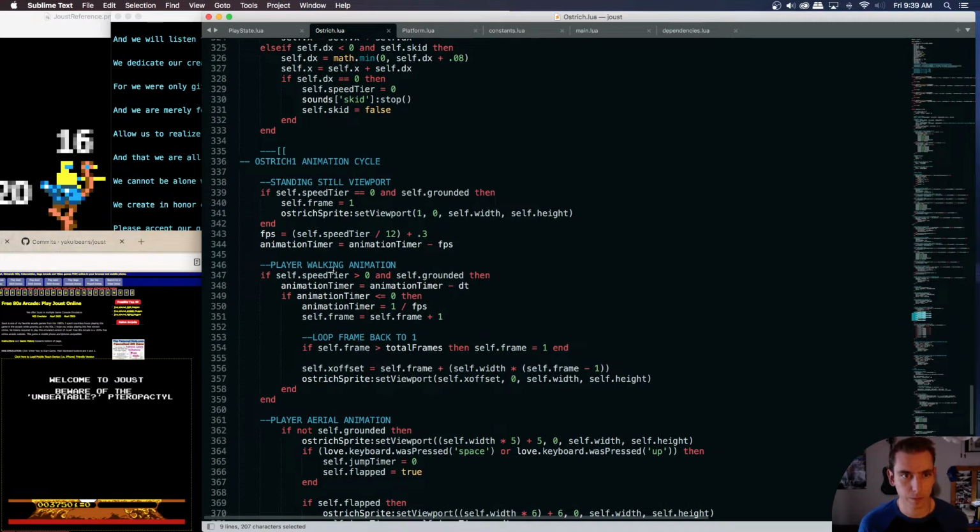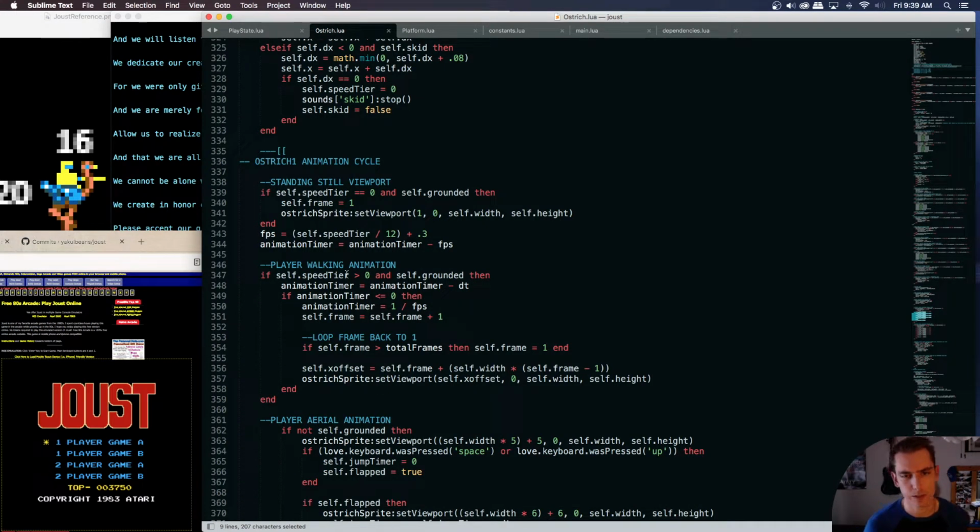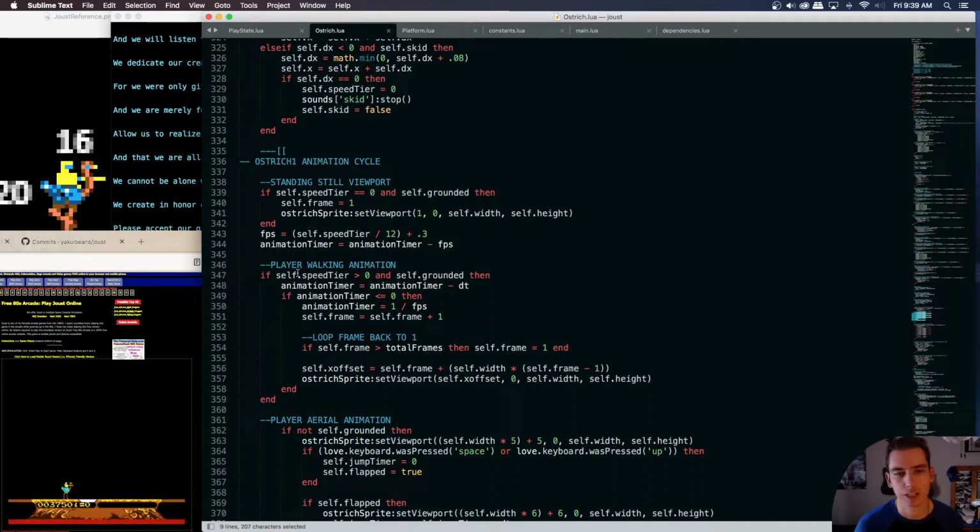Right here is our animation. Yeah, if our speed tier is greater than 0, so if we're walking, which should be easy. So we can change that to if dx is greater than 0. No. If dx is not equal to 0, I guess we can say, because that means it's either positive or negative. And grounded, then animate.